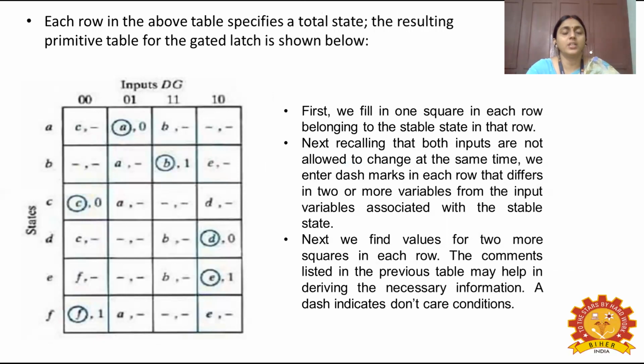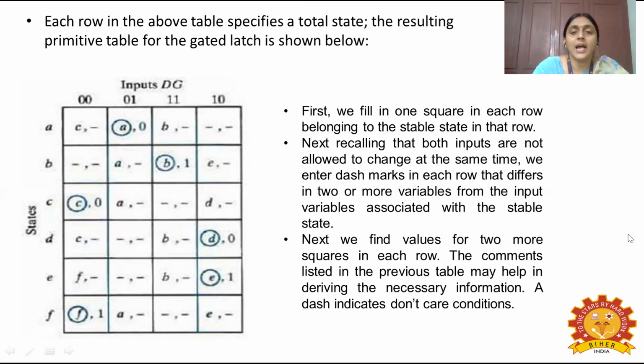Each row in the above table, the previous slide, specifies the total state, and the resulting primitive table for the gated latch is shown below. So what we are doing here: first we fill in one square in each row belonging to the stable state in that row. So in the first row, the stable state is identified as A. And next we recall that both inputs are not allowed to change at the same time.